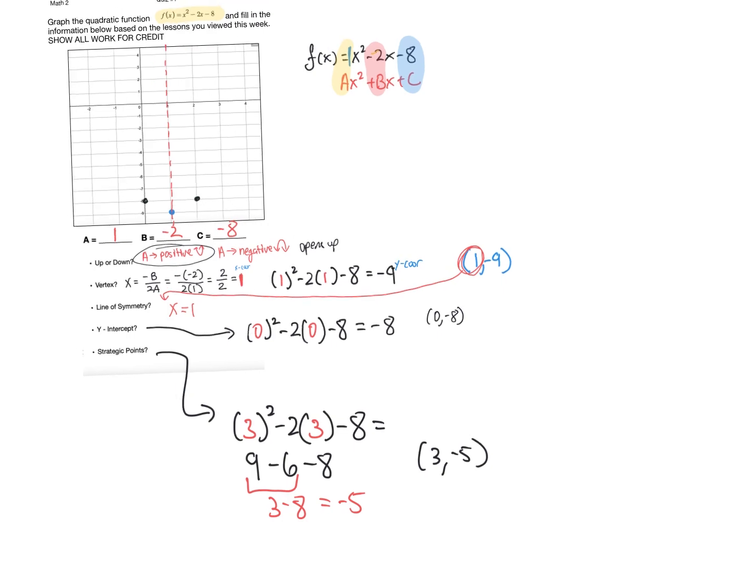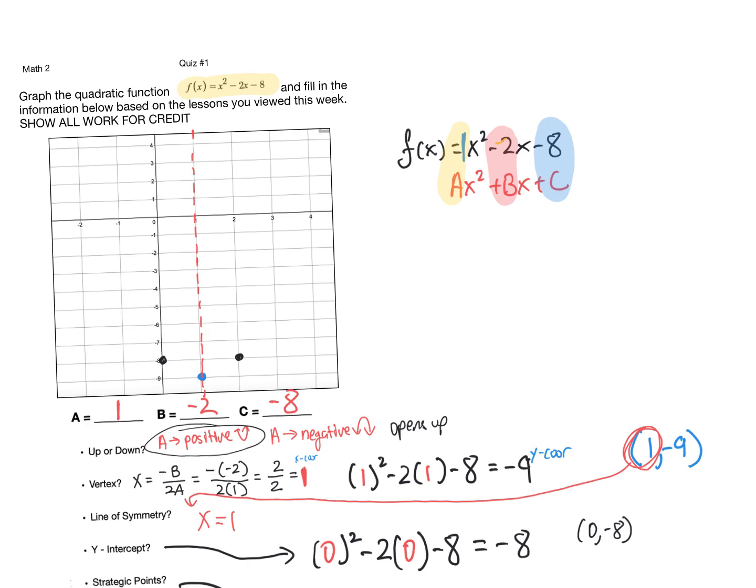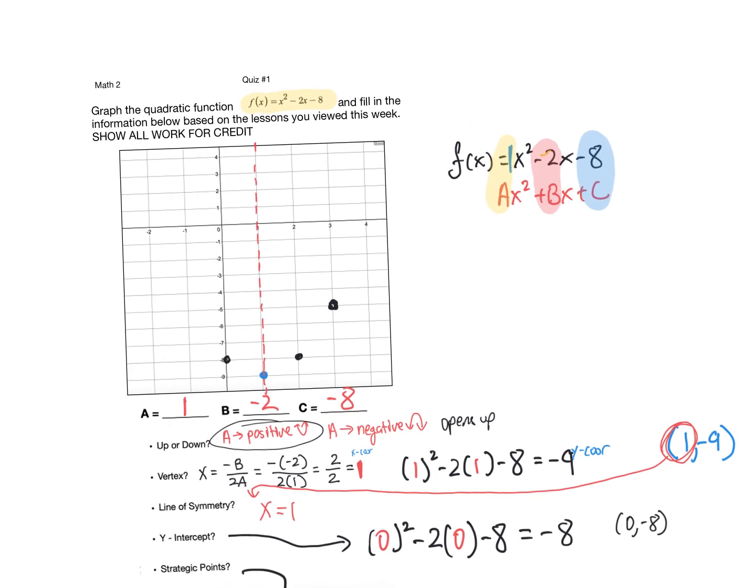So therefore, I need to go 3, -5, oops, is my point right here. However, since we have the line of symmetry, it takes 2 spaces to get to the line of symmetry, so I know reflecting it over, I have another point over here.